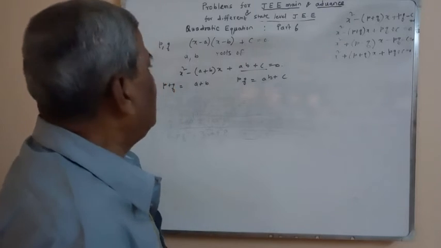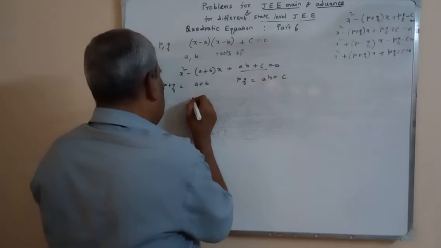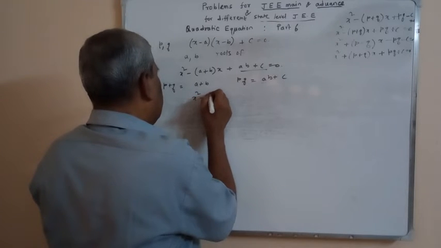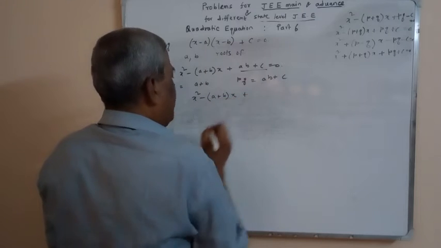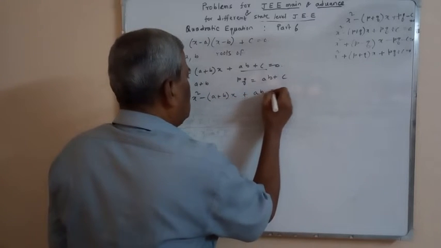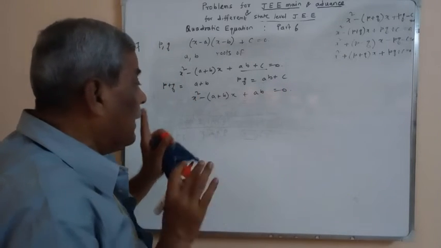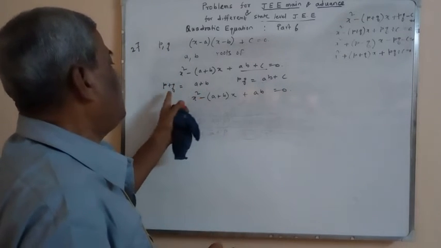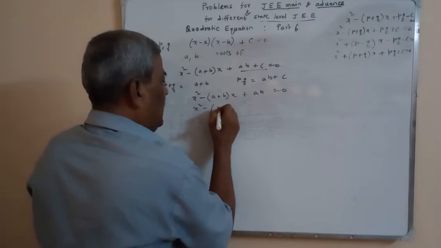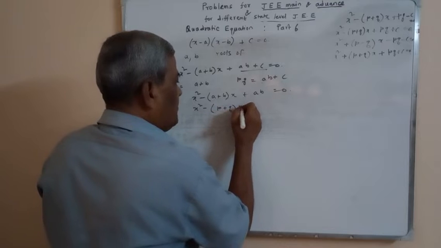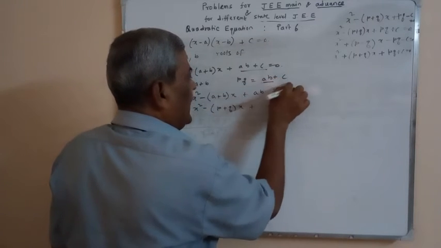Now to find the equation whose roots are A and B, the required equation is x square minus sum of the roots into x plus product of the roots is equal to 0. Now a plus b is equal to p plus q. So it is x square minus (p plus q) into x plus ab. And ab is equal to pq minus c.